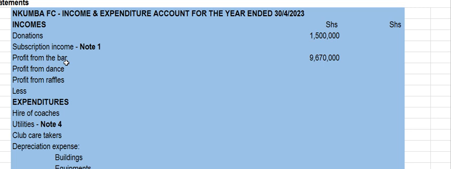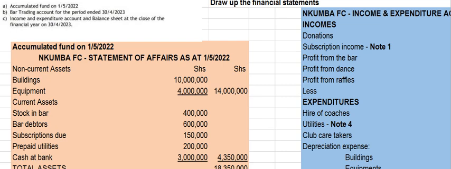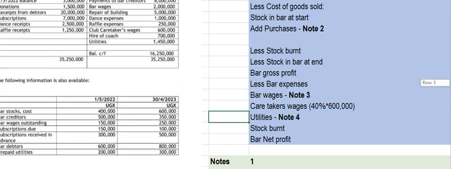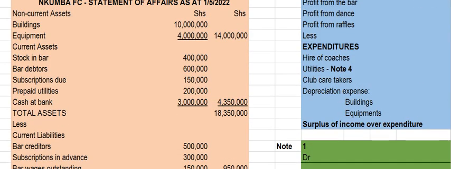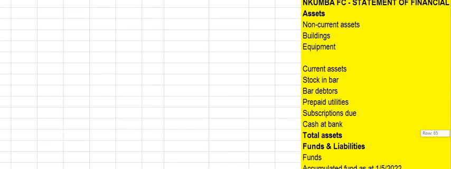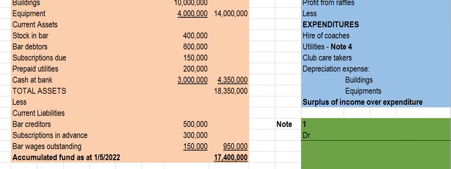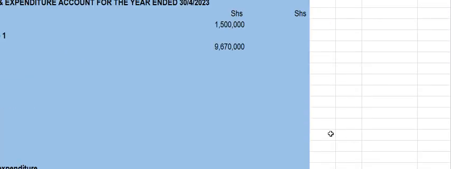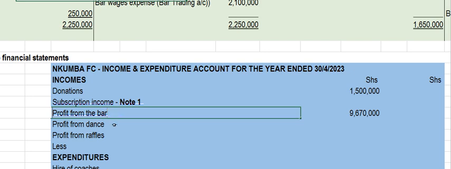When we look at the dance receipts, we have 2.5, and the expense is 1 million. So I'll just take the profit in our income and expenditure account. I'll say profit from the dance.